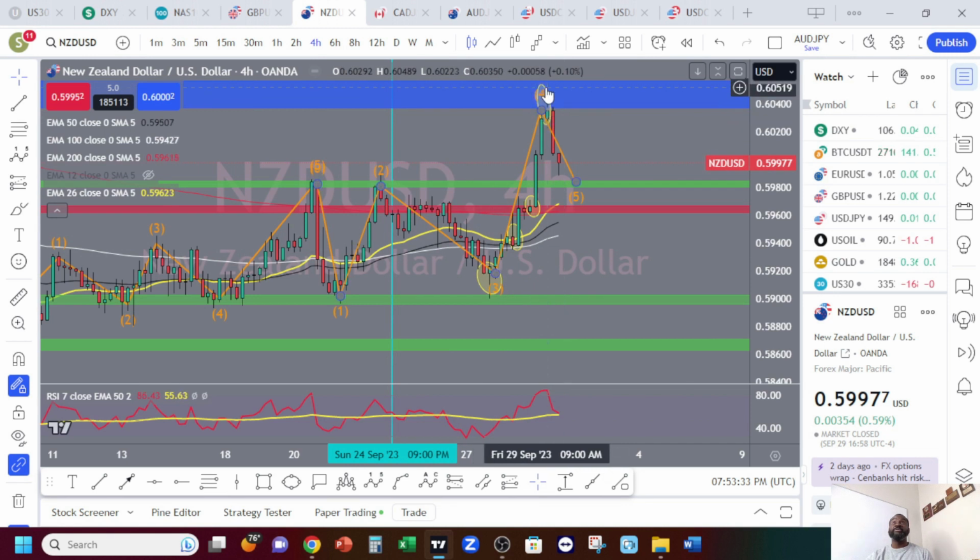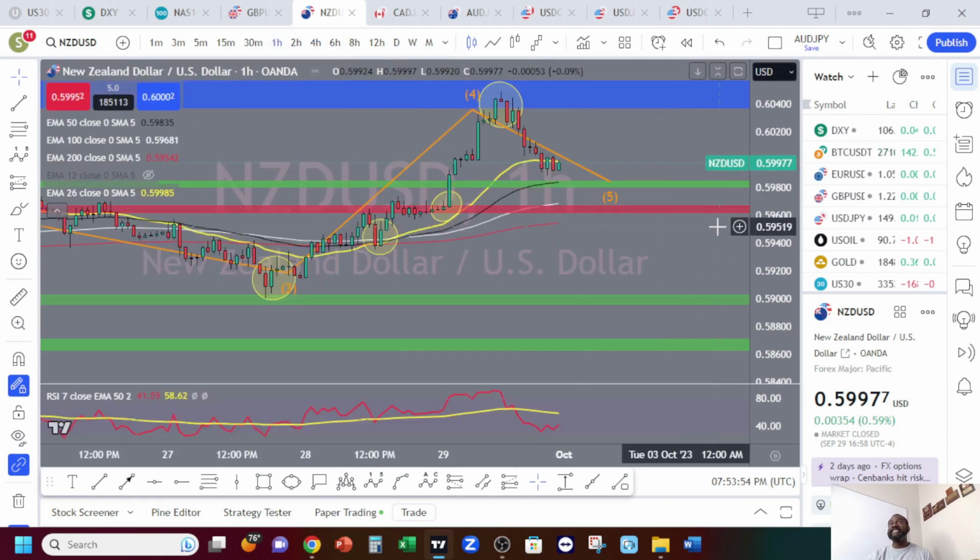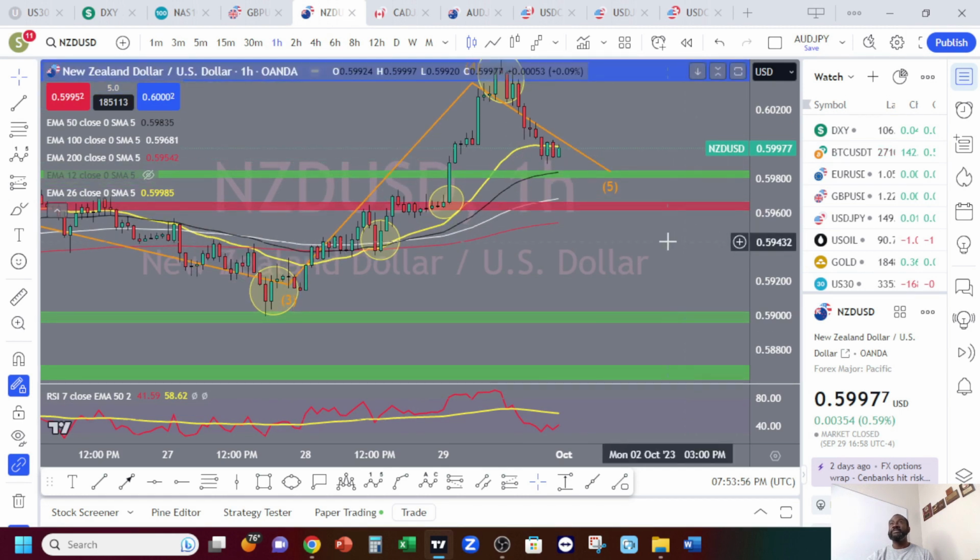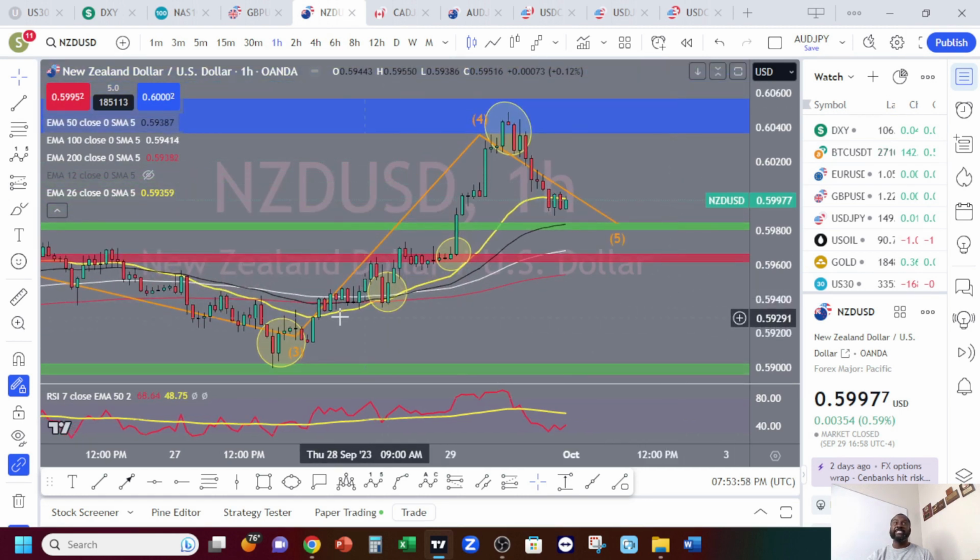When we go here, you can see price rejected at this resistance to give you a candlestick telling you, hey, price is rejected. If price comes up and touches it again, you could have sold it to go lower. So if we go to the 1-hour time frame, you can see there's more confirmation. That's why we put those little circles there.